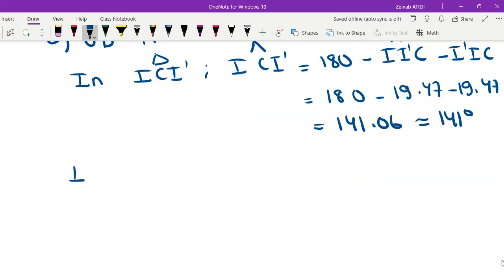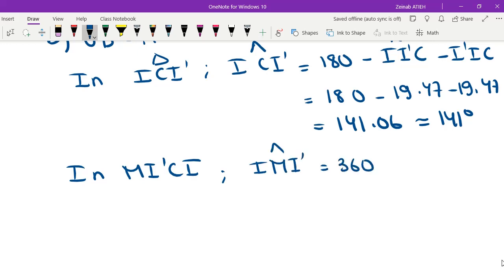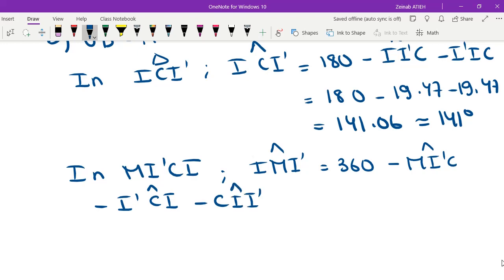In shape MI prime CI, the angle IMI prime is equal to 360 minus MI prime C minus I prime CI minus CII prime.